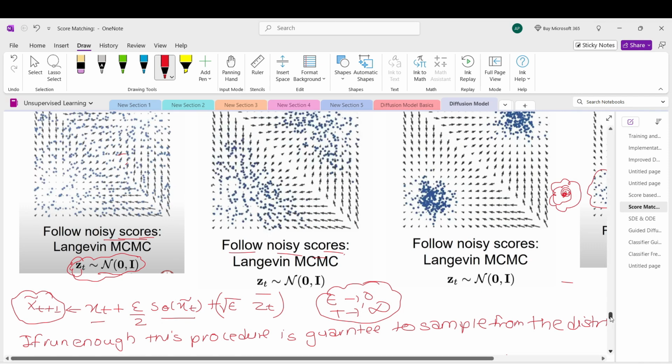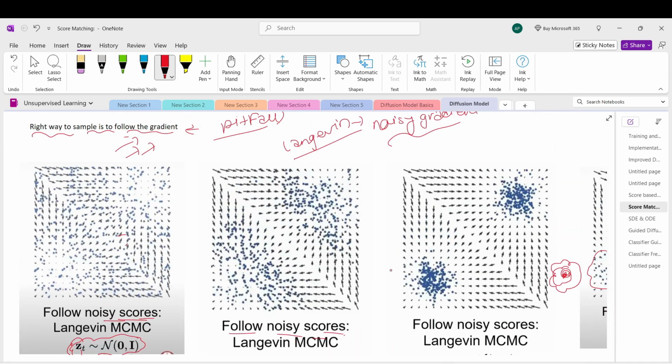If I can show you, we initialize some particle here, and this is just a point. If you follow the noisy score and run this dynamics enough, we get closer to the actual distribution.